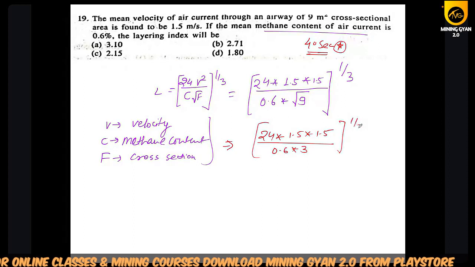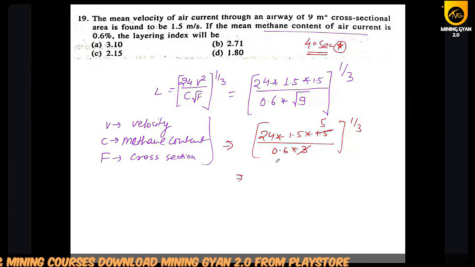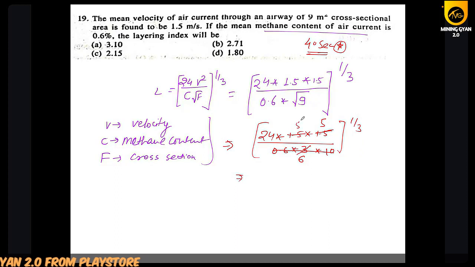Now try to solve it. 3 fives are 15, below comes 10, so it will become 6. Okay, 3 fives are 15, 3 twos are 6, 0 because of the point.